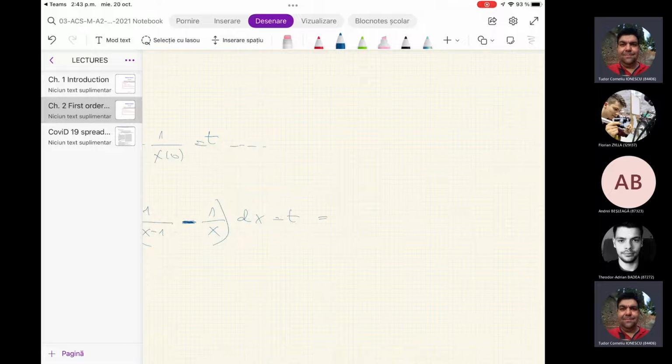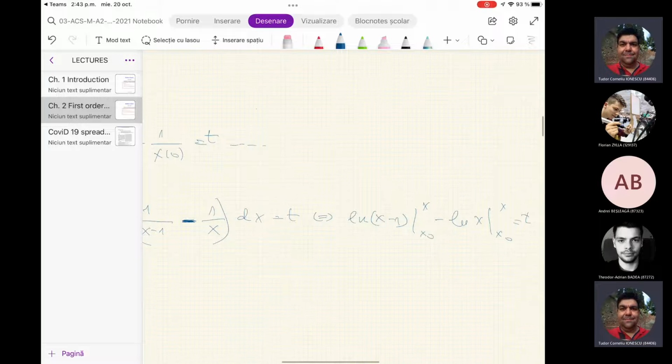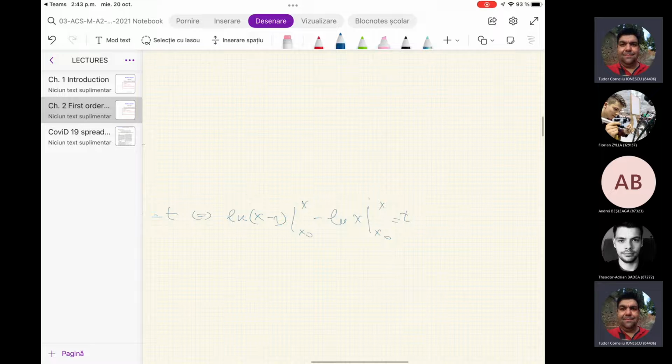So this is ln, the natural logarithm, of x minus 1 between x0 and x, minus the natural logarithm of x between x0 and x, equals t. And now we use a logarithm property, so we have ln of x minus 1 over x between x0 and x equals t.